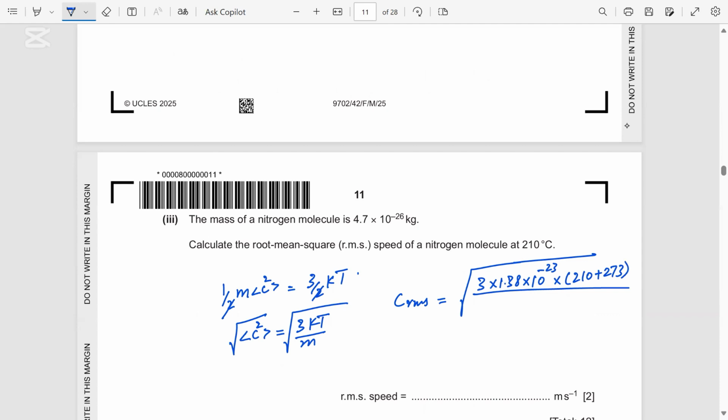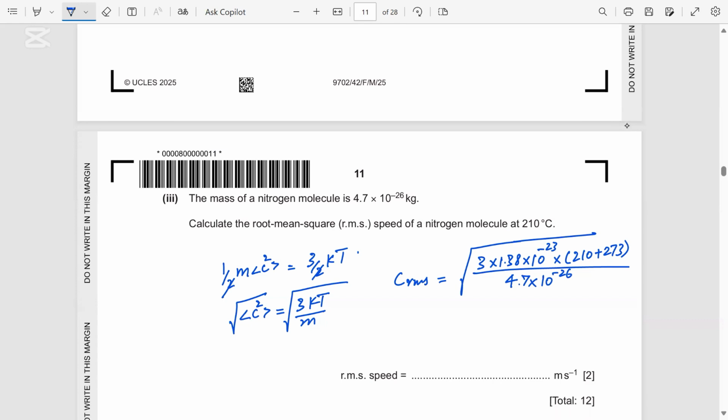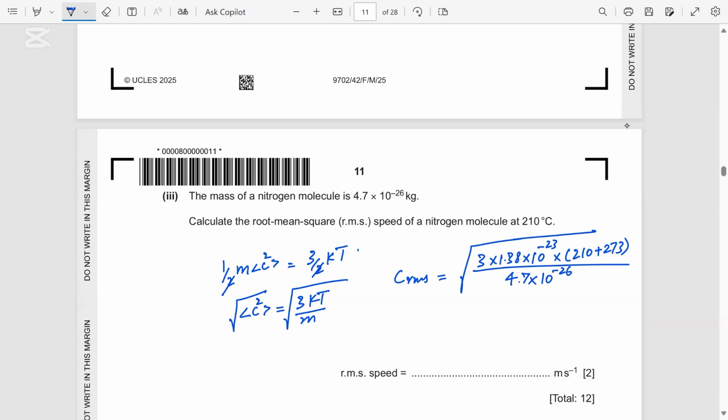Remember that this is the average kinetic energy of one molecule. So the mass of a nitrogen molecule is 4.7 into 10 raised to power minus 26. And the RMS speed that we get here, correct to two significant figures, is 650 meters per second.